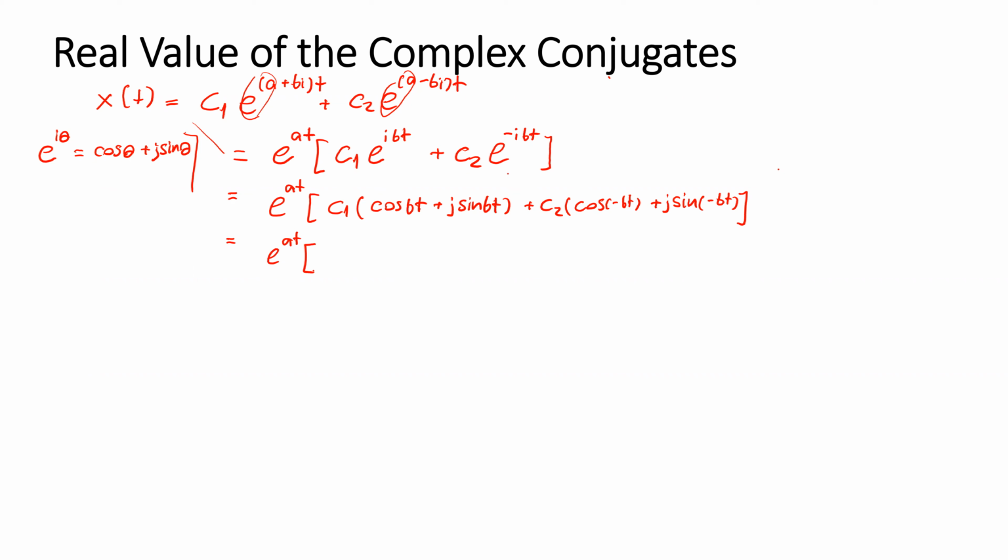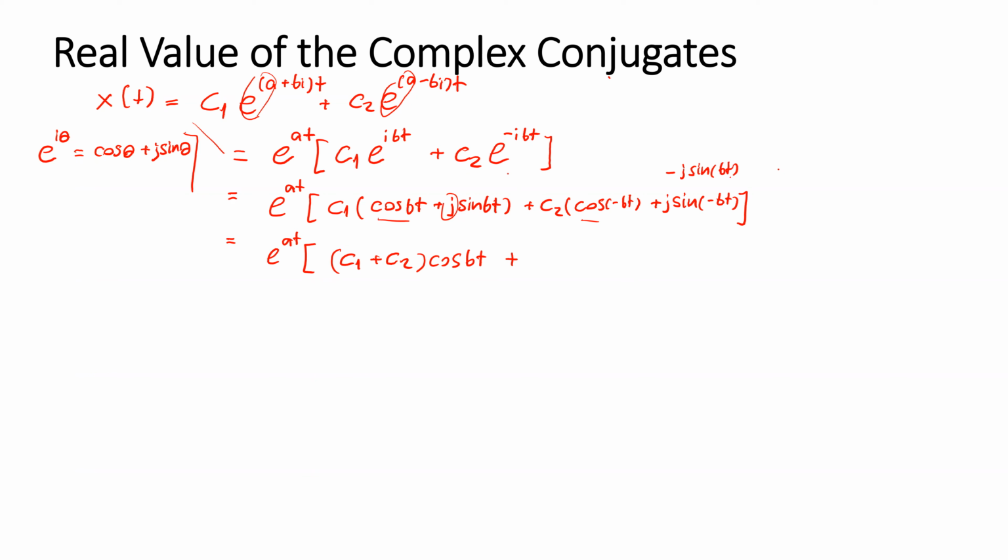And maybe for the cosine bt, we have C1 plus C2 and cosine bt. And for the second part, when we have J, it seems like sine of minus bt will become minus J sine bt.